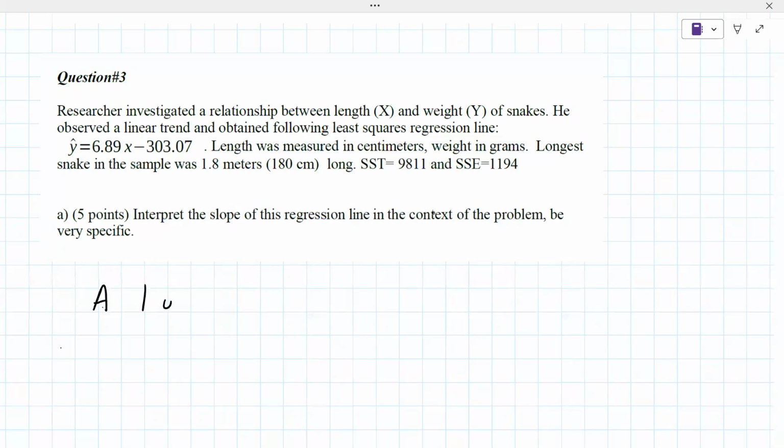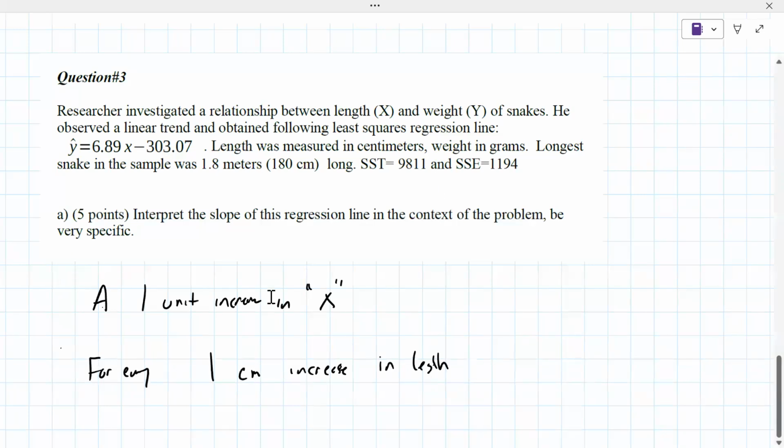A 1 unit increase in X. Now, instead of saying that, you have to say, for every 1 centimeter increase in length. The first one is a generic start, but you have to be specific to your problem.